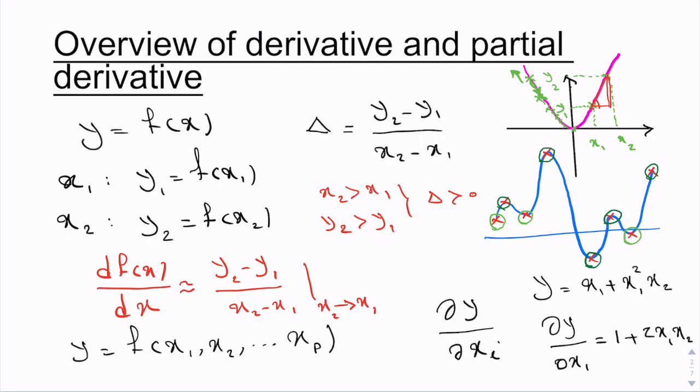You see that x2 in here is considered as a constant. And then we can also take the partial derivative of this function with respect to x2, which is basically x1 squared. Okay, so these are two preliminary concepts and also tools we need in order to proceed and understand the gradient descent algorithm.